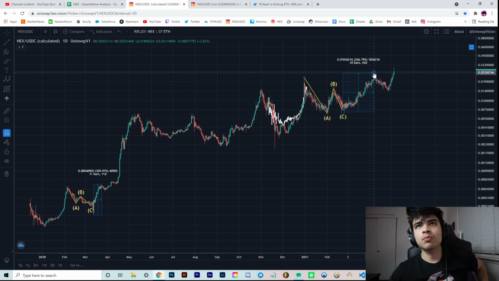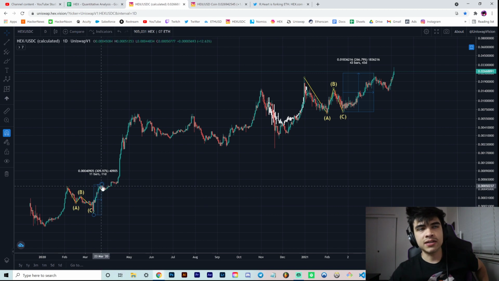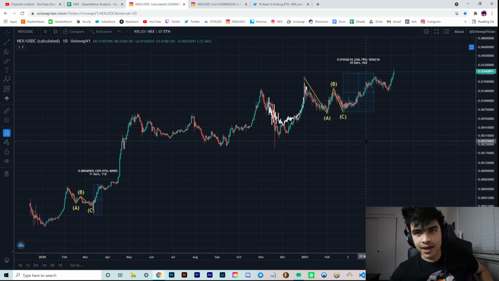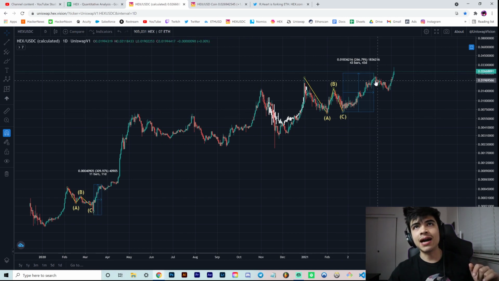It took us to 2.5 pennies, which was approximately 20% above prior all-time highs. Prior all-time highs over here were around the 4.7 region, and then over here you can see it was about 10%. So what I'm trying to get at essentially is that after this ABC wave, we rallied to a high that was higher than where we started our correction, right?